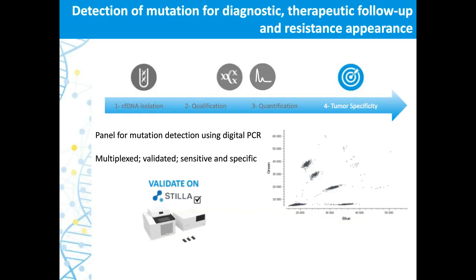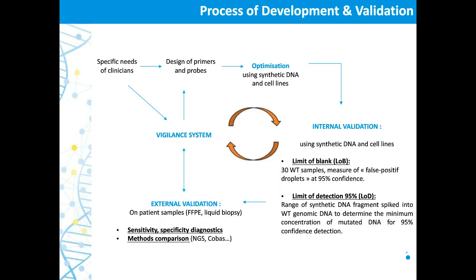Okay, so now going back to the detection of mutations using these systems. At ID Solutions, this is how we work to develop the digital PCR assays. Every design or every kit that we develop comes from a specific need from the clinicians.